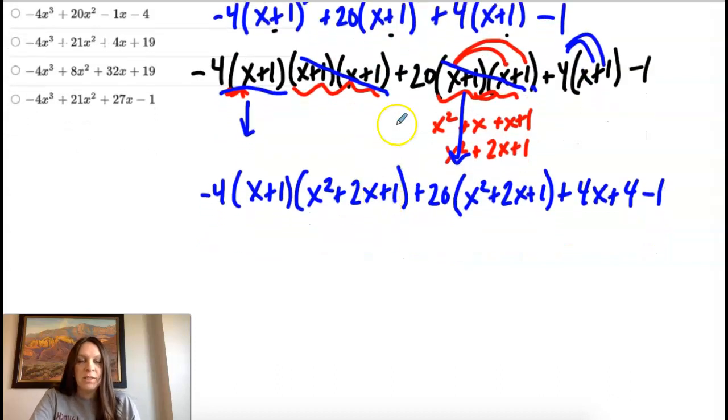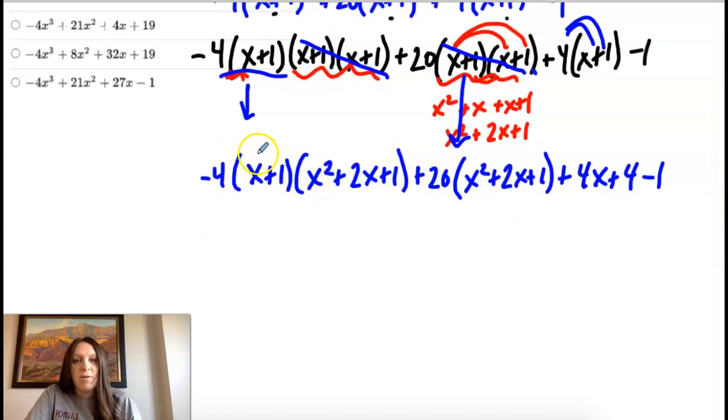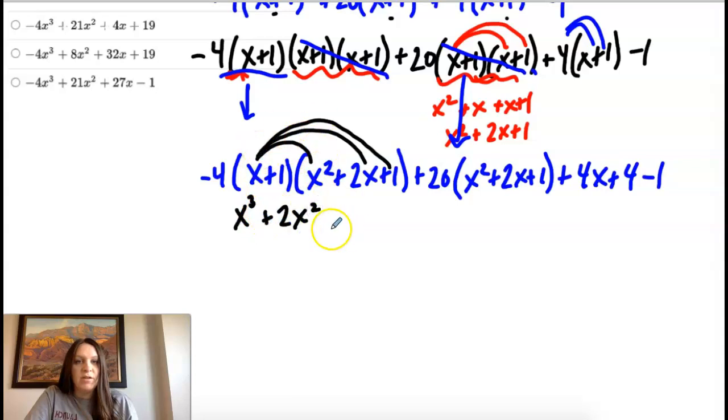Alright. So now I have to multiply this binomial and trinomial. I'm going to multiply x by all three of those terms. So I get x cubed plus 2x squared plus x. And then I'm going to multiply the 1 all the way through.